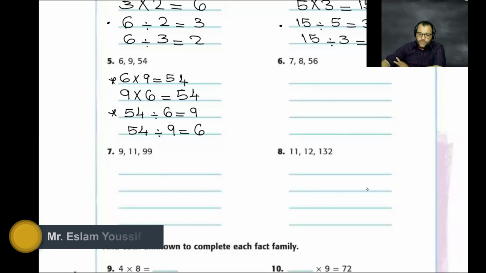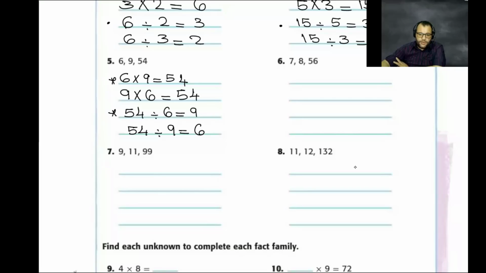Thanks. So, Taqi, can you solve the next one? Question number 6, can you solve it? Yes. 7 multiplied by 8 will be 56. Yes. 8 multiplied by 7 will be 56.